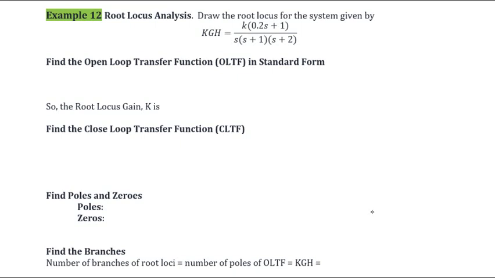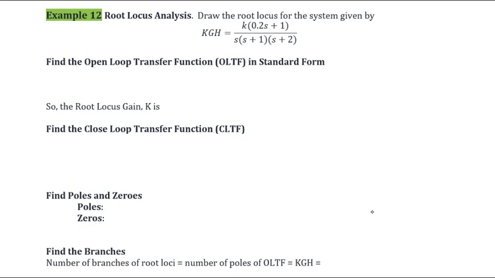Example 12, root locus analysis. In this problem, we're simply handed a transfer function, KGH, as provided in the problem.